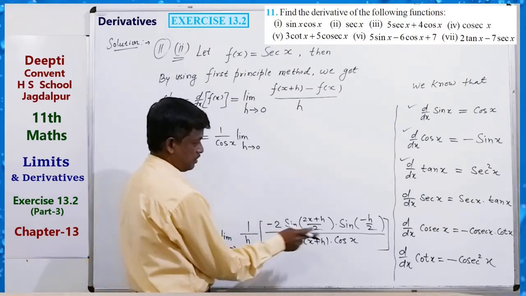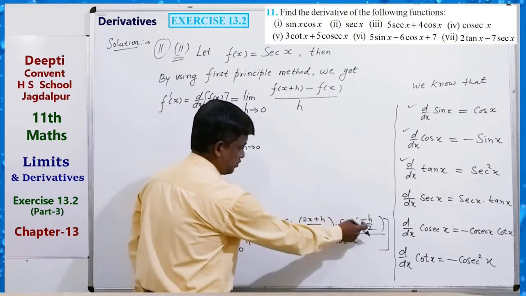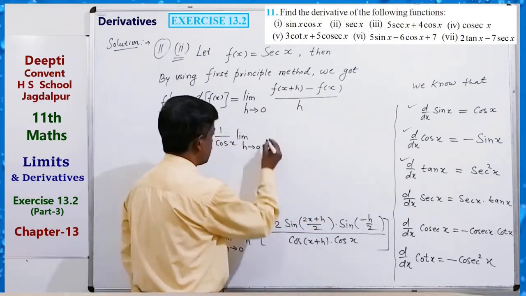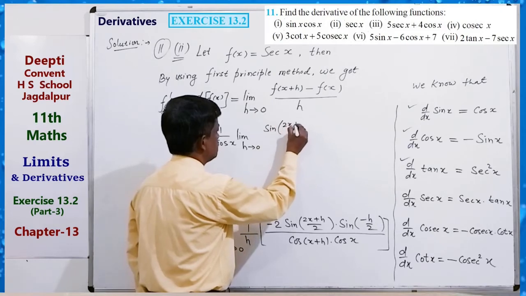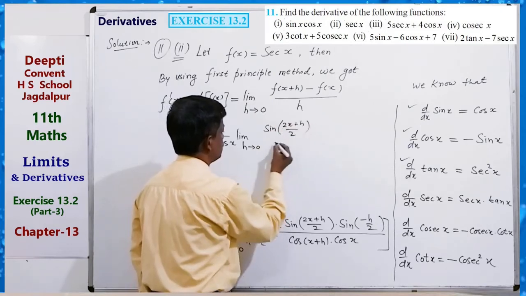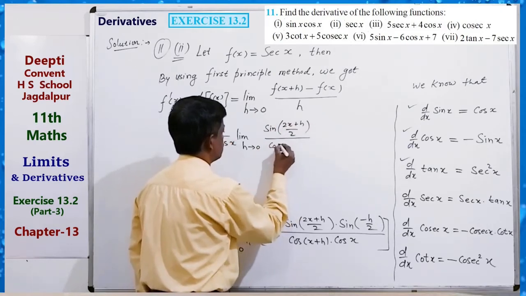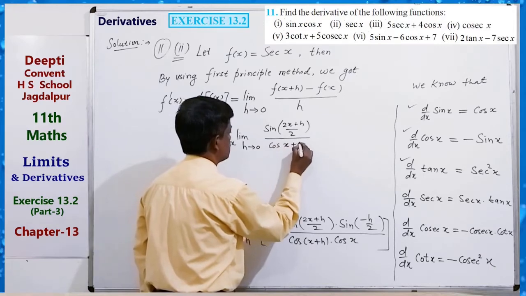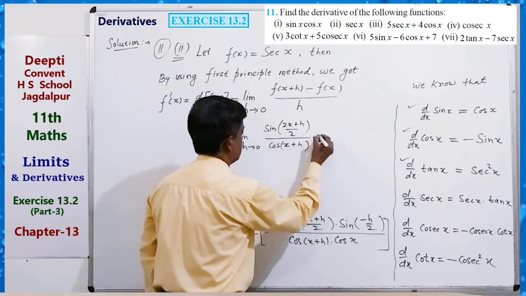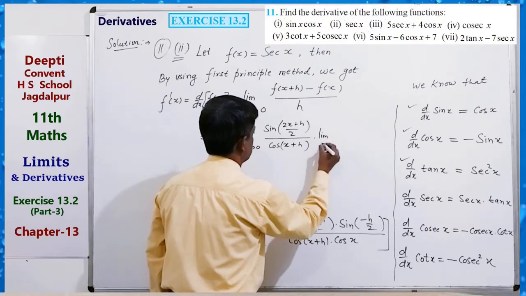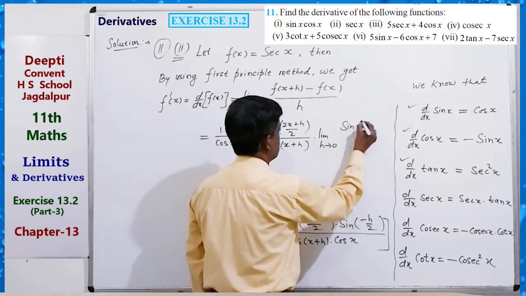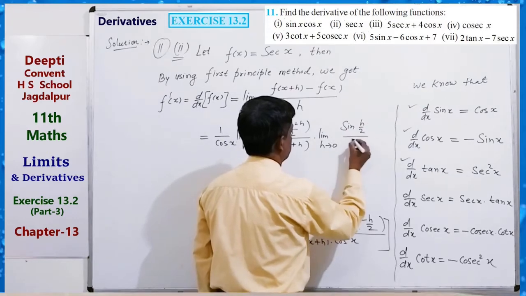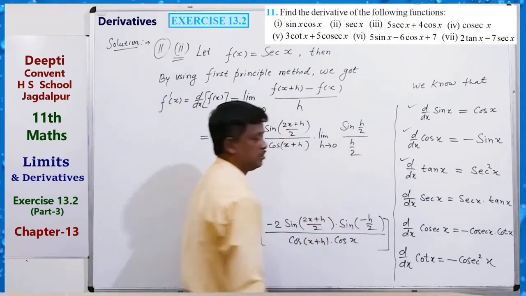Now here, see, minus minus plus, so sin 2x plus h by 2 upon cos x plus h into sin limit h tending to 0 sin h by 2 upon h by 2.